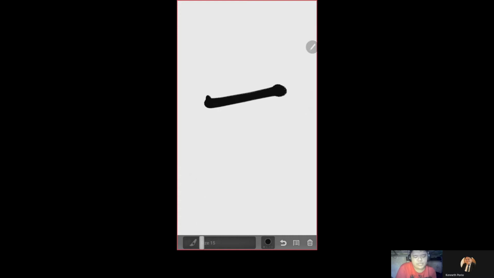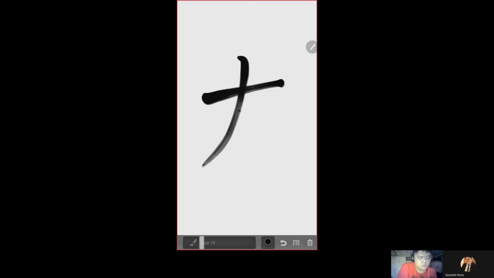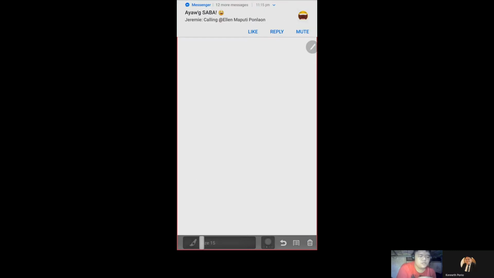So for that example character you saw earlier, the word is da or big. So the stroke over here is the heng or the horizontal stroke. Okay. So that's the heng or the horizontal stroke.